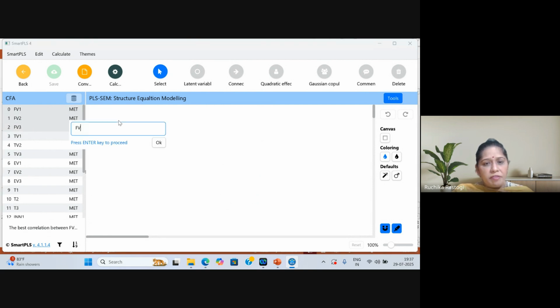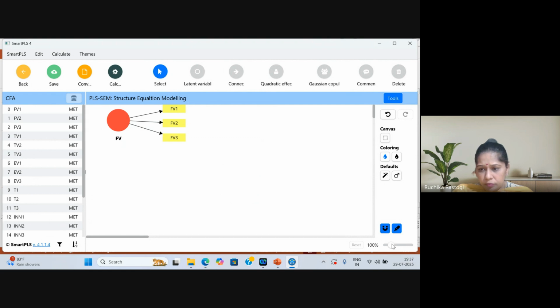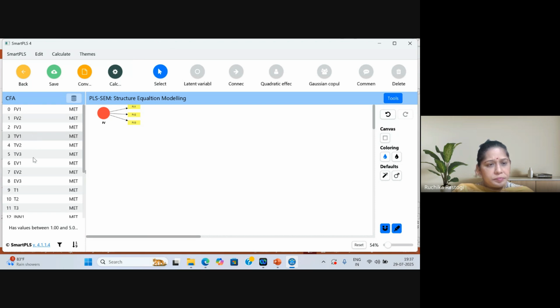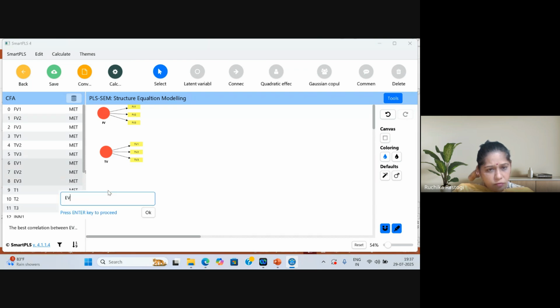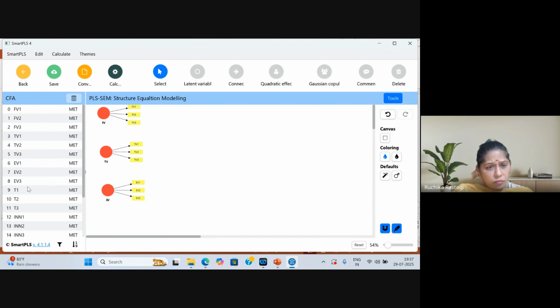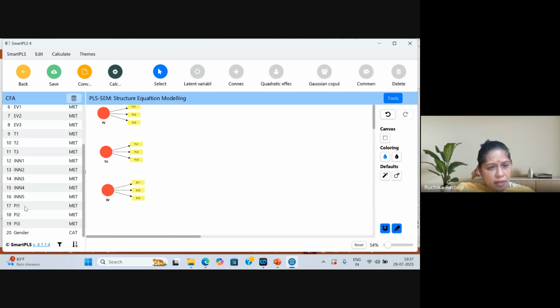Just create the model, everyone, by your own. Just import all the variables here on the board. First of all, we will be checking the direct relationship between PI.